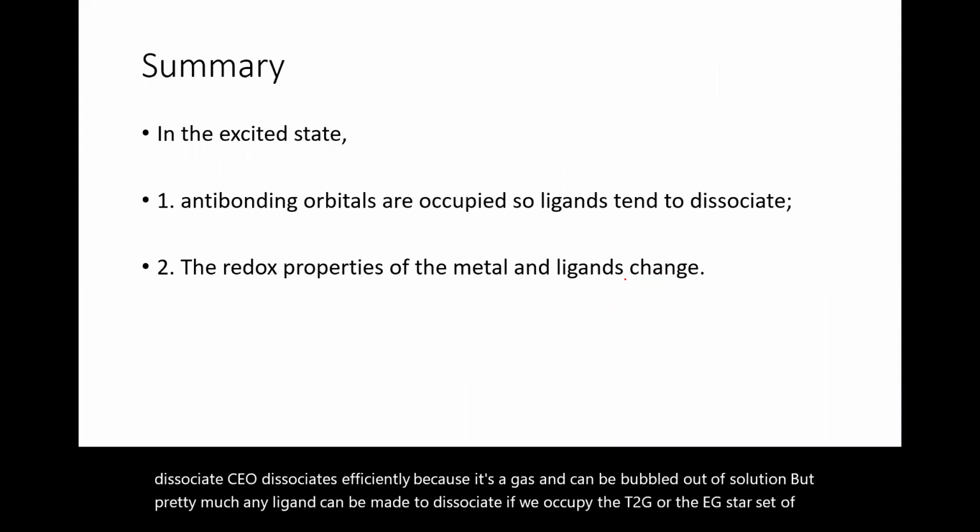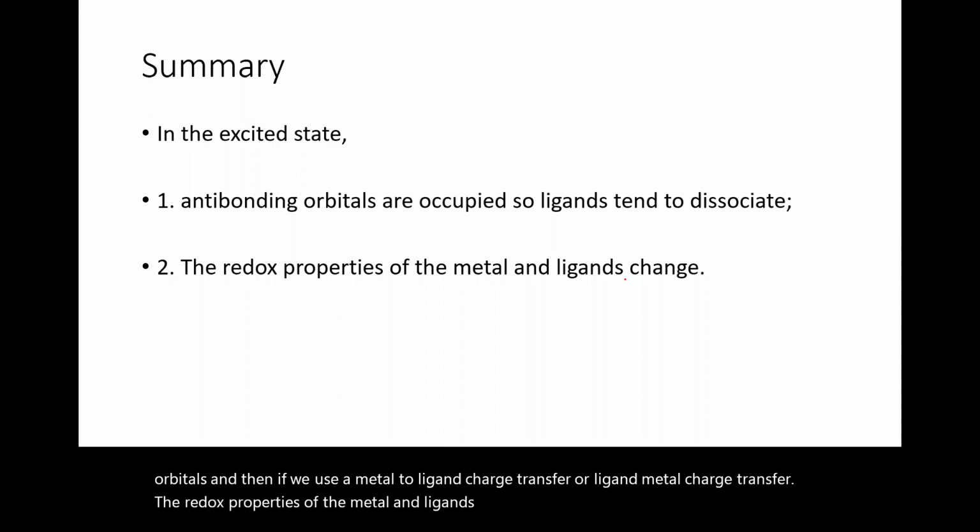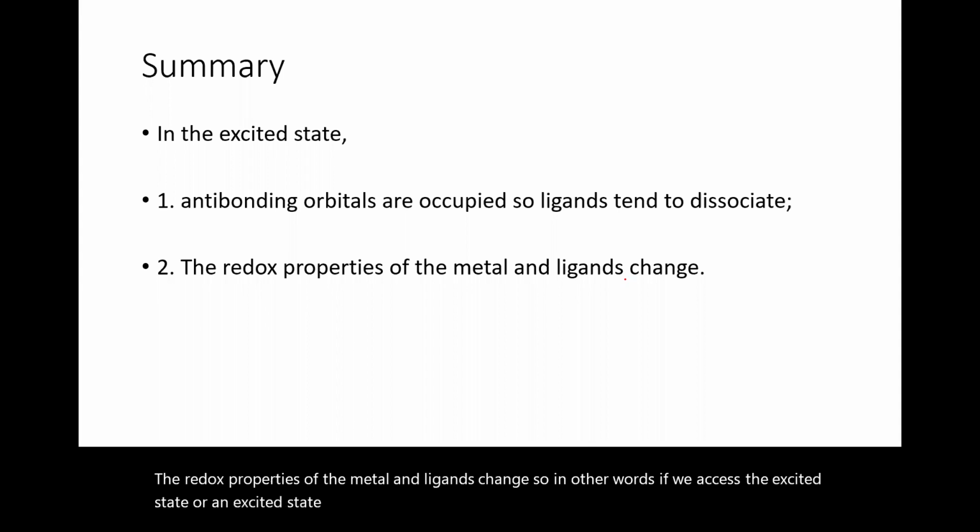And then if we use a metal to ligand charge transfer or ligand to metal charge transfer, the redox properties of the metal and ligands change. So in other words, if we access the excited state of a complex, different chemistry happens than we see thermally or in the ground state reactions for the molecule.